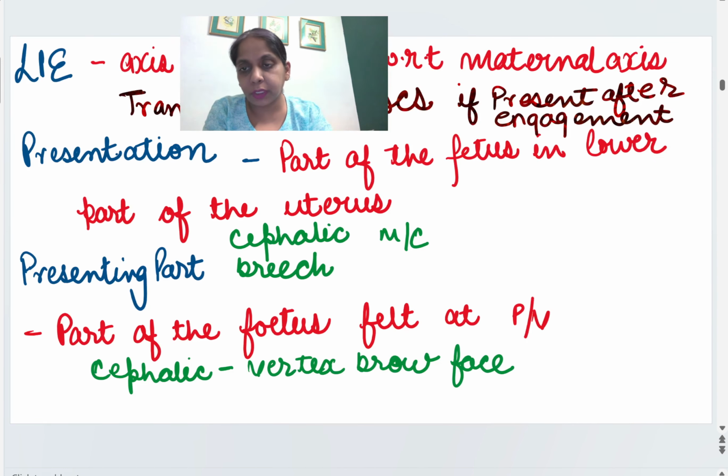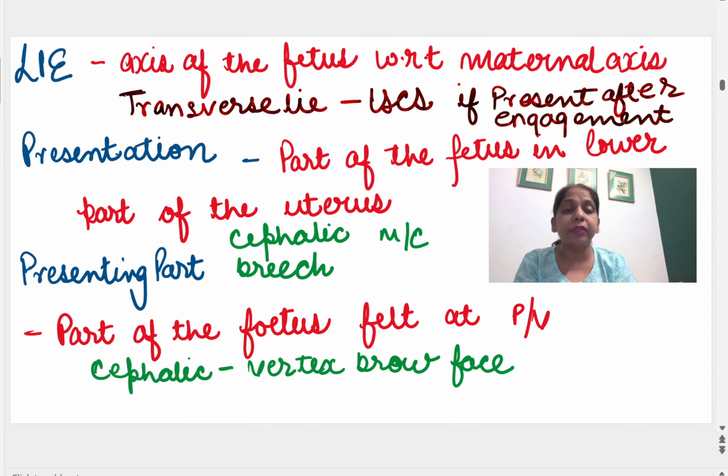Now what is the lie? The relation of the axis of the fetus with respect to the maternal axis is lie.